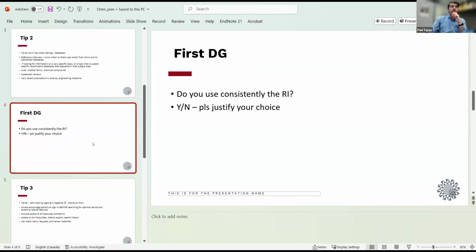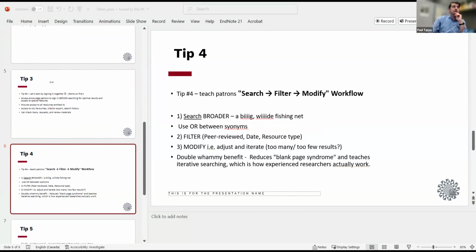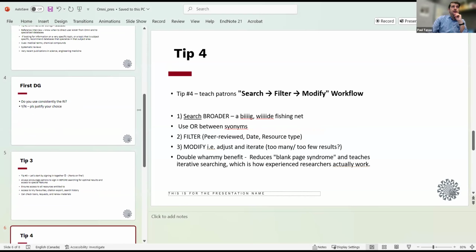Time is flying. I'm going to take the break here. I'm going to check the chat. I don't see any other questions. We have already tackled the reference interview and the consistency in using it.